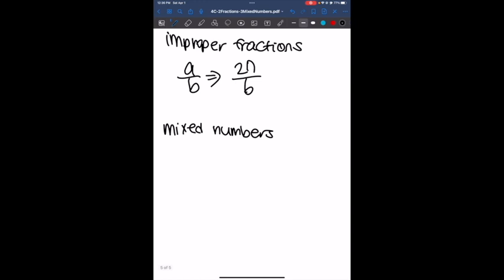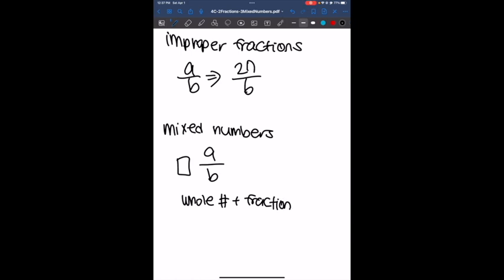As for mixed numbers, we have a whole number and then we have our fraction. The fraction is usually one where the denominator is larger, so the fraction is not yet a whole number. It's not greater than 1, but we have a whole number in front. So as the name states, a mixed number is a mix of a whole number plus a fraction.